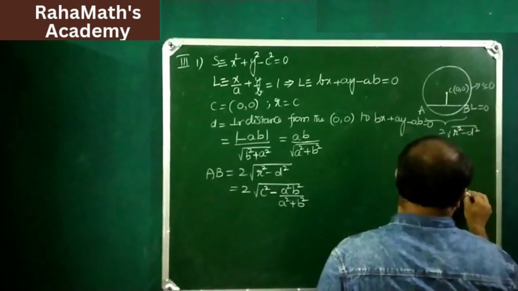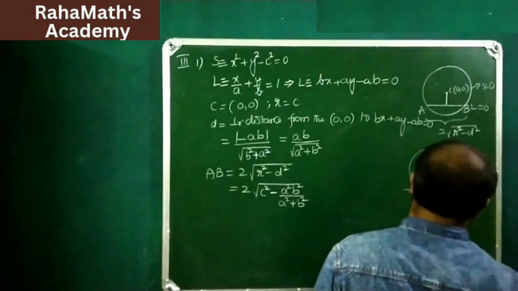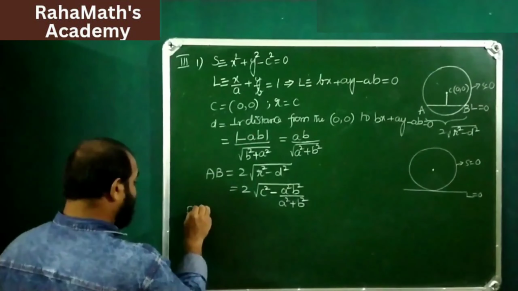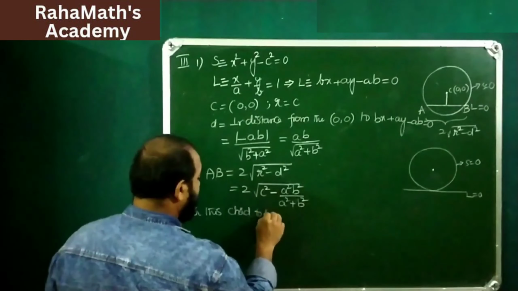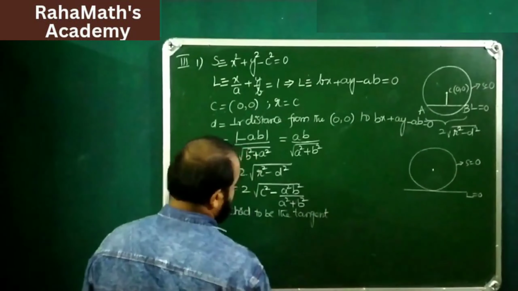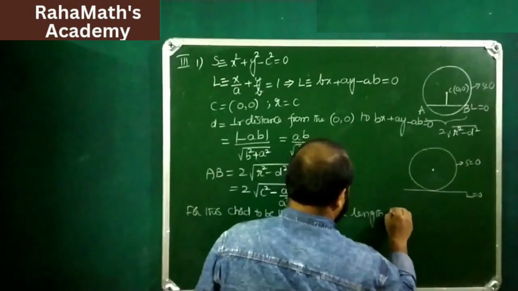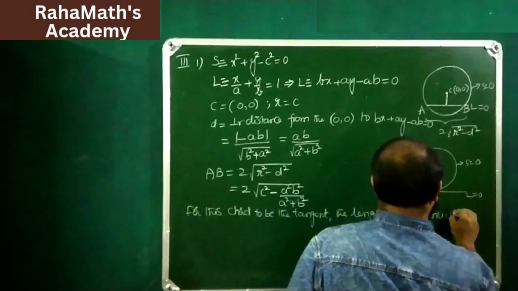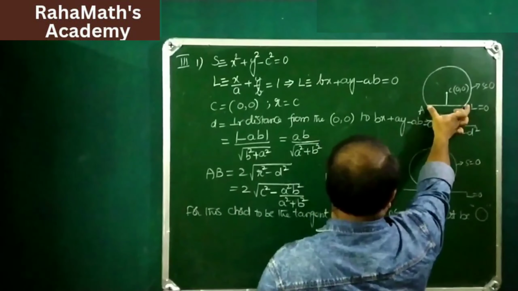So this line L is this now, and this is S equals 0. For this chord to be the tangent, the length of the chord must be 0, because this is some length we have.